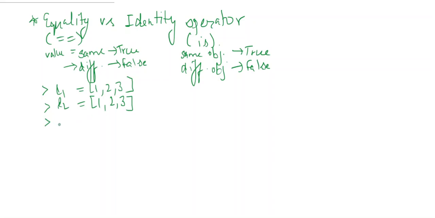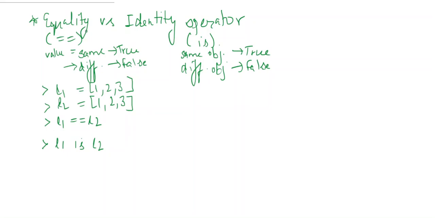Now the question comes: if we use the equality operator, is L1 equal to L2? And the second question is L1 is L2, where we are using the identity operator and trying to figure out whether both these variables are referring to the same object or not.